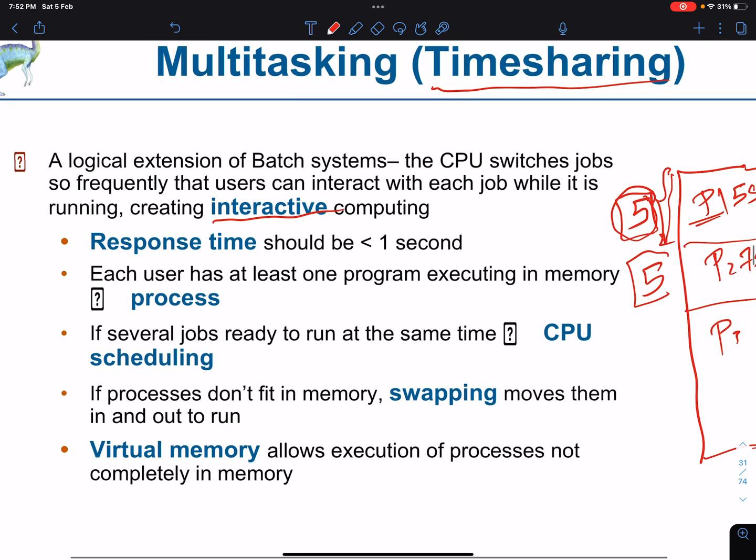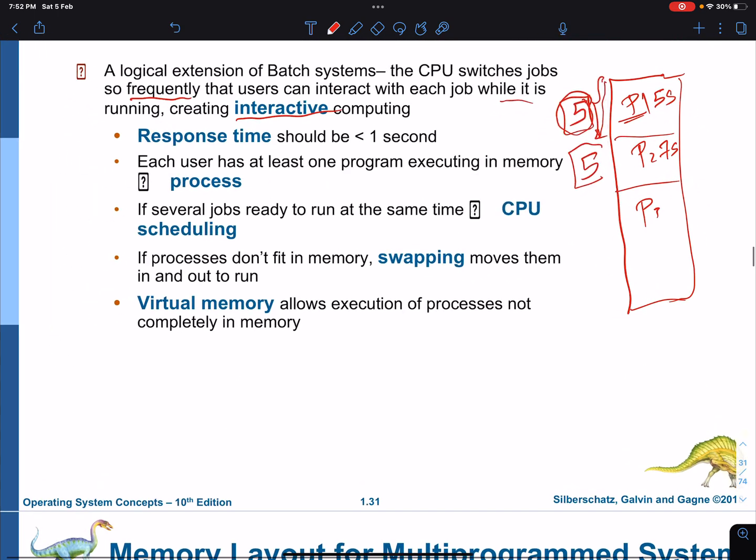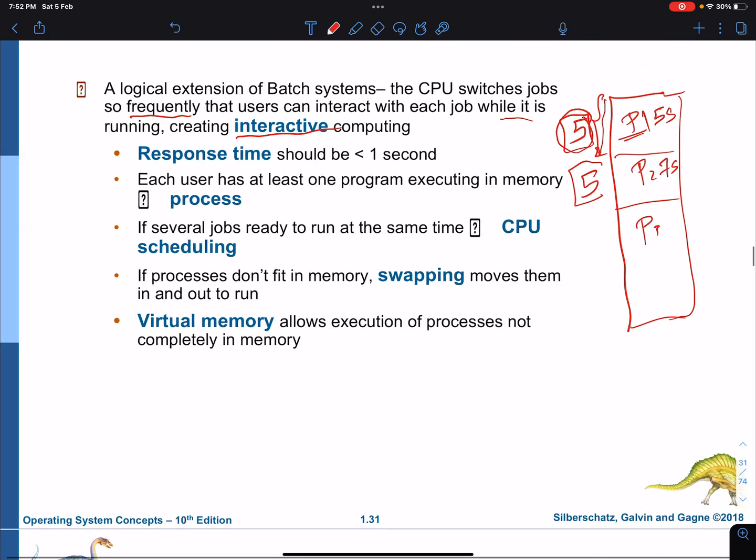So it is a logical extension of batch systems, an enhancement, as I said. The CPU switches jobs so frequently that users can interact with each job while it is running. So you tell me, you know what? Will the user realize that they are still waiting? No.